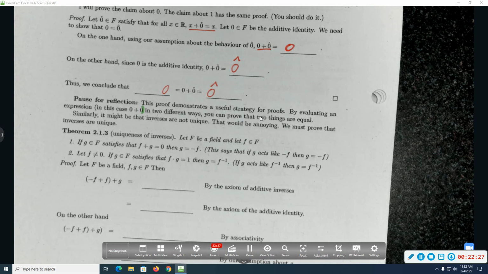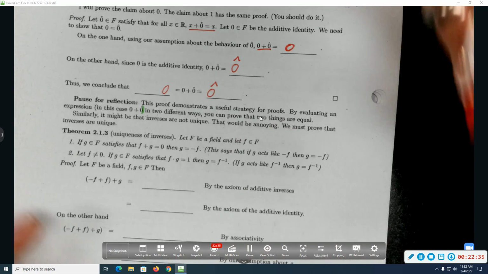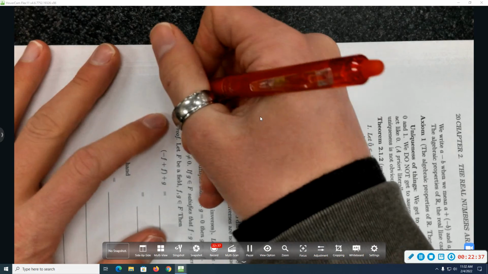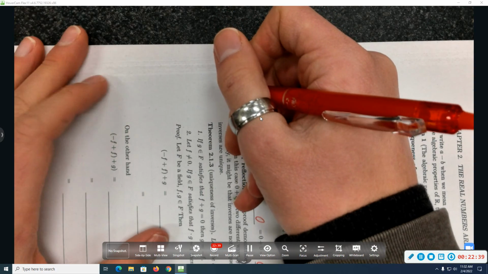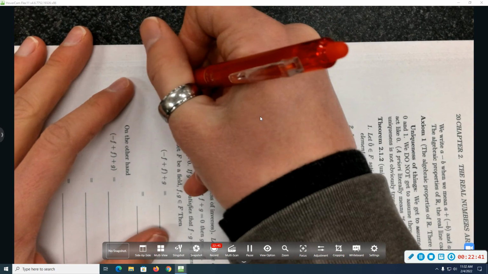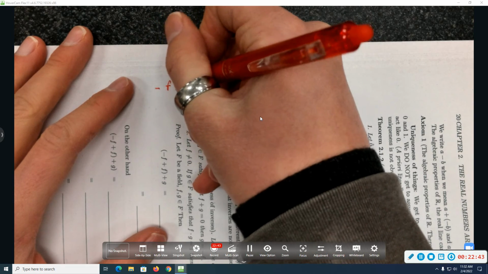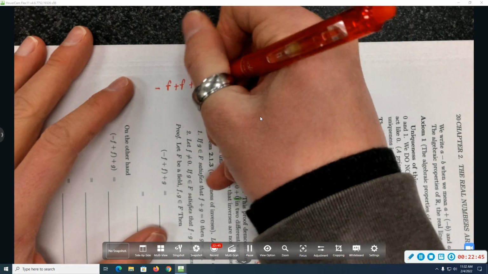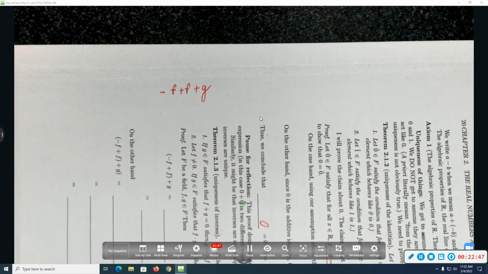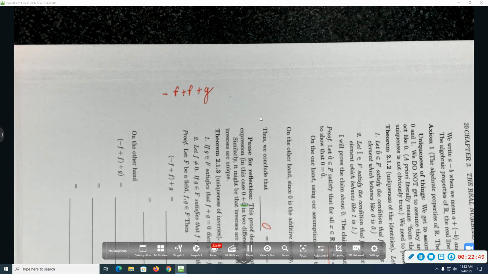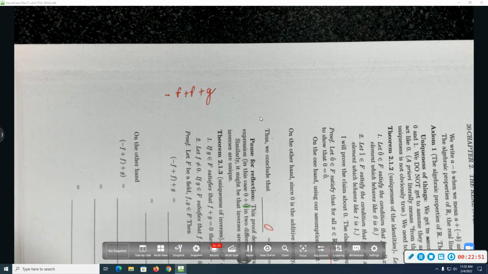Let's try to prove it, and we'll do it on scratch work off to the side. So I'll think about the following expression, minus f plus g. Associativity says that I don't really need parentheses, but let's guide it with parentheses anyway.